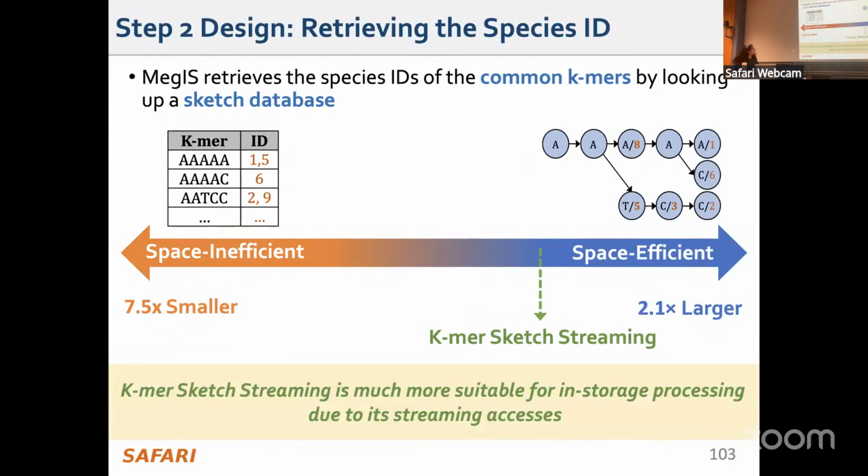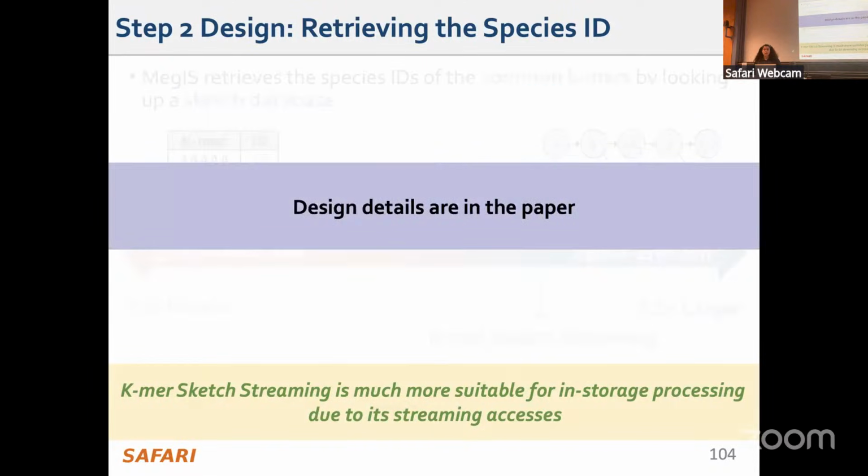But it's much more suitable for our in-storage processing paradigm because it enables us to figure out these k-mer sketches and find the IDs only with streaming accesses. It has a different design than what we have discussed before. So I invite you to check our paper for its data structure.